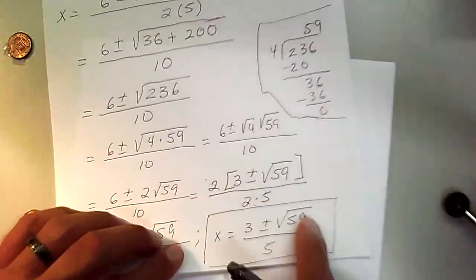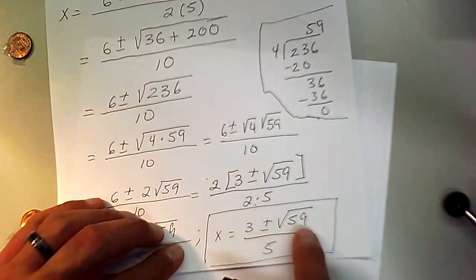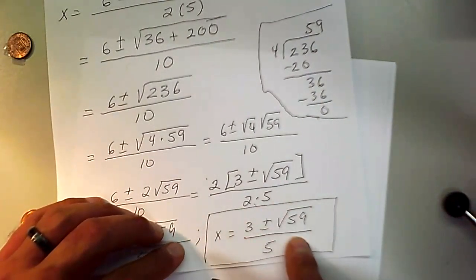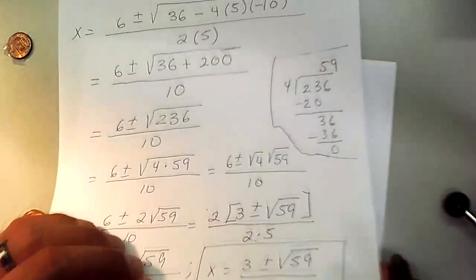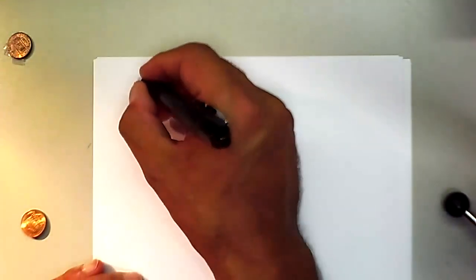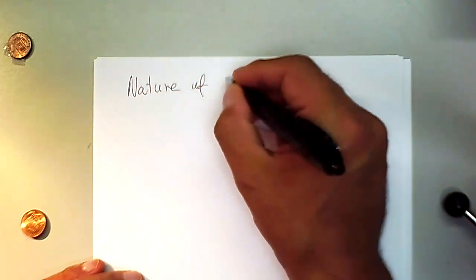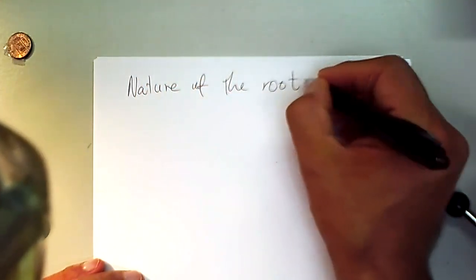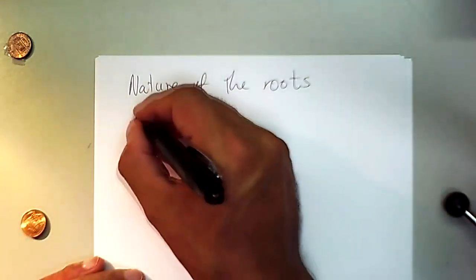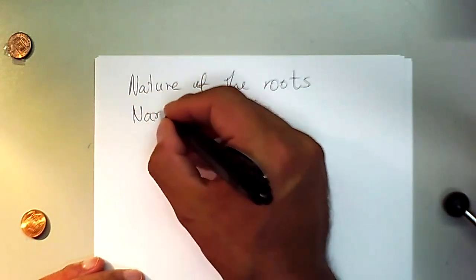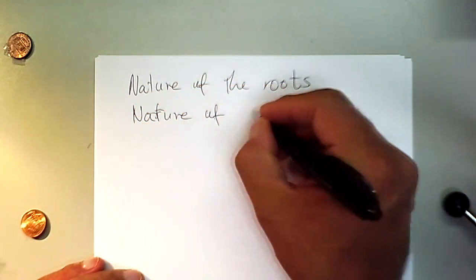So the whole thing is the root, even though there's a root within the root. That is confusing, but it is what it is. And we're not going to change what other people have used already for that. So let's talk about the nature of the roots. And by that we mean the nature of solutions.